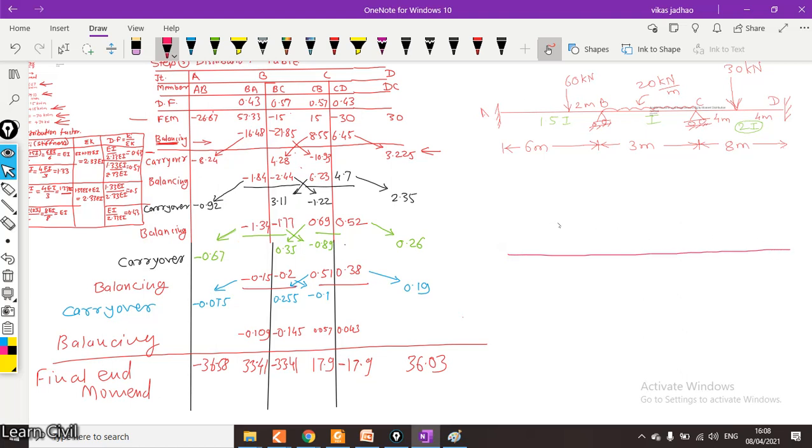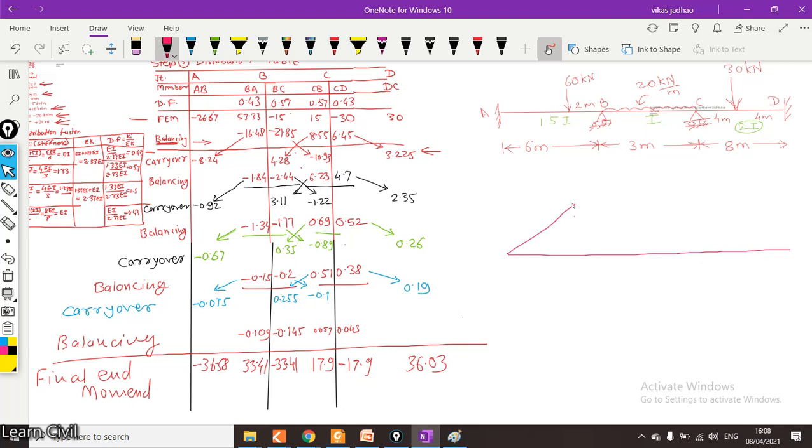For the span AB, the free bending moment value will be WAB upon L. We have W equal to 60, a is 4, b is 2, divided by 6. So this is equal to 80, so this particular value here will be 80.